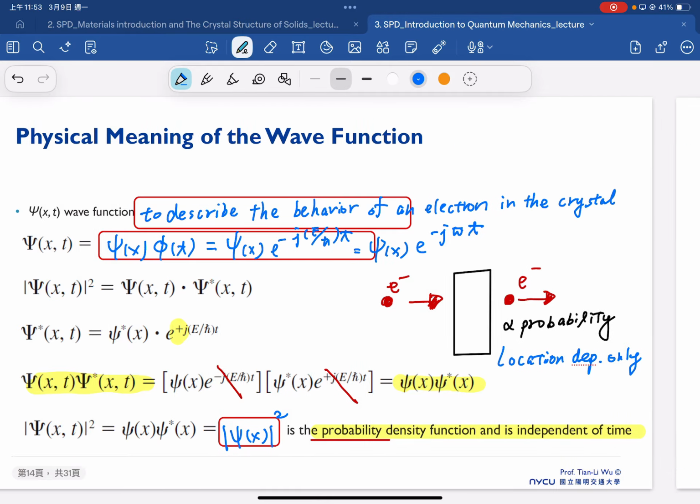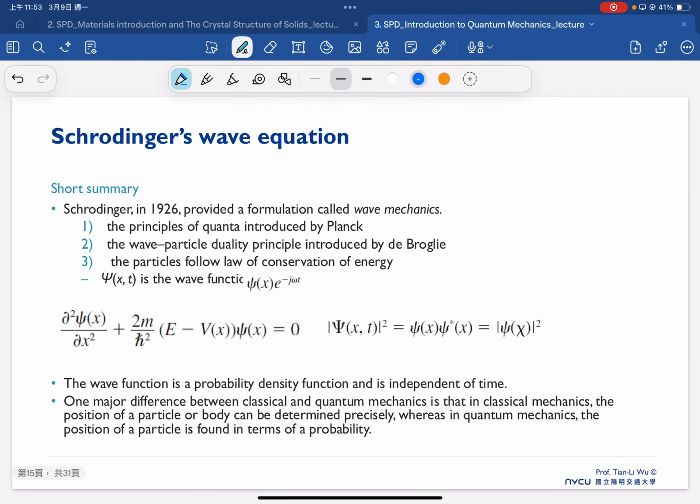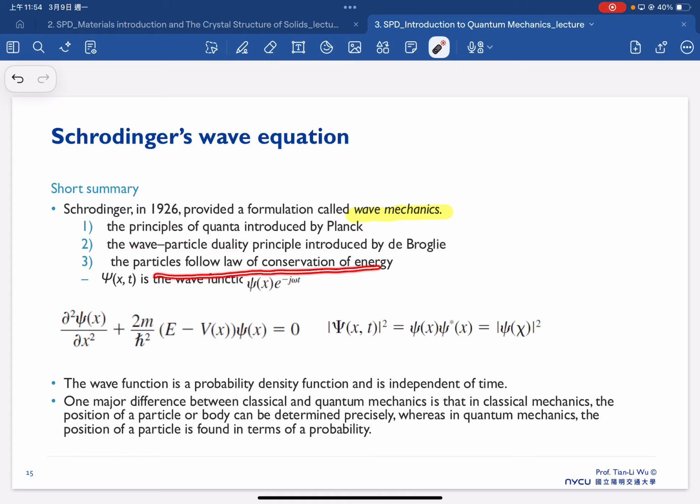So the short summary is shown here. In 1926, Schrödinger provided this formula called wave mechanics, and that combined several different principles, where we already discussed the principle for quantum wave particle, and that particles follow the laws of conservation of energy.